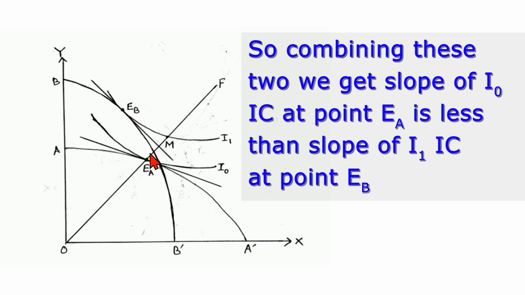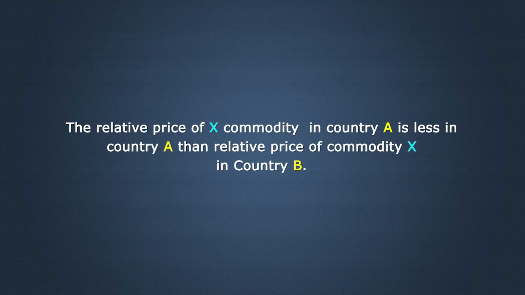Combining these two, we get that the slope of the I0 IC at point EA is less than the slope of the I1 IC at point EB. So from here we get that the relative price of commodity X is less in country A than the relative price of commodity X in country B.